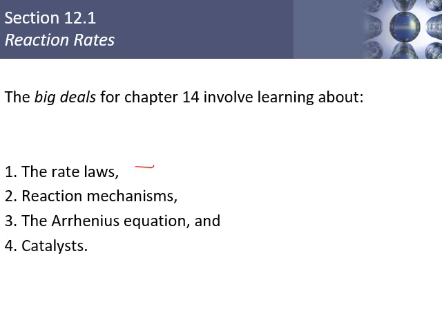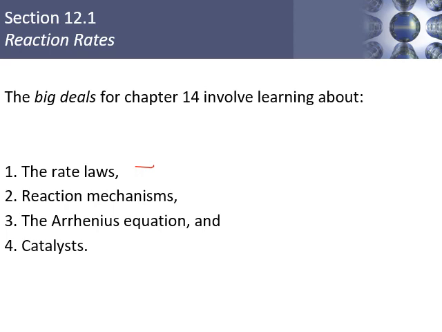Actually, there's more than that, but we're going to focus on only 3 of those because they're the most common. They're referred to as 0 order, 1st order, and 2nd order. For each of those, you'll want to be able to do problems that deal with what are called the integrated rate laws for those 3 rates. Each of those rates will have its own integrated rate law, and they're very similar. It's just that there's a slight change as you go from 0 to 1 and 1 to 2.